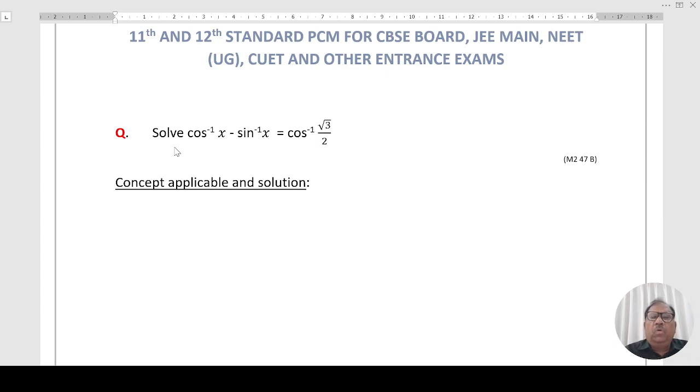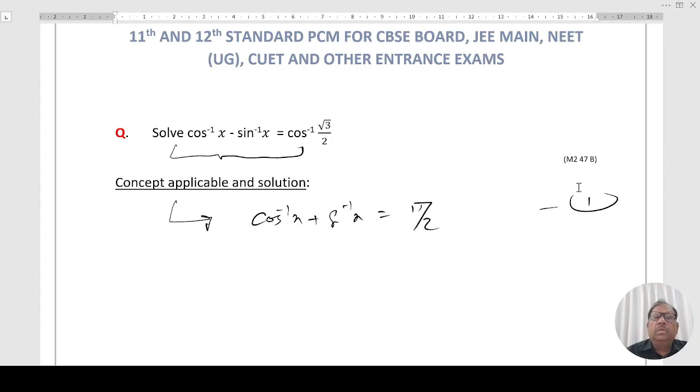Question is solve cos inverse x minus sin inverse x equal to cos inverse root 3 by 2. Concept applicable: cos inverse x plus sin inverse x equal to pi by 2. Right?